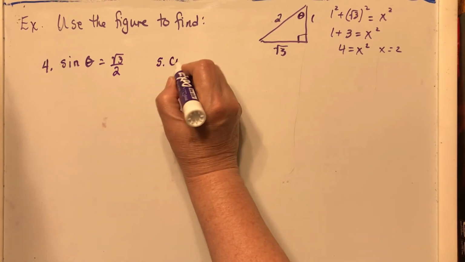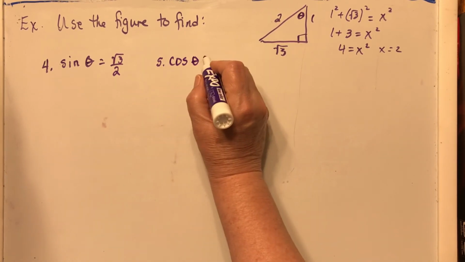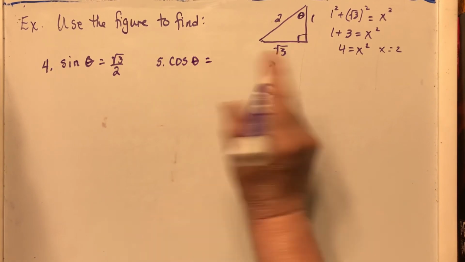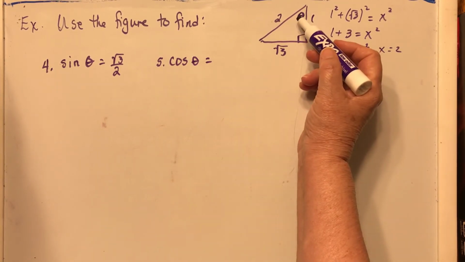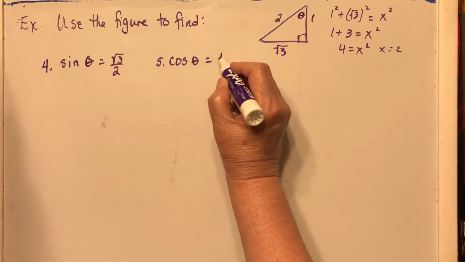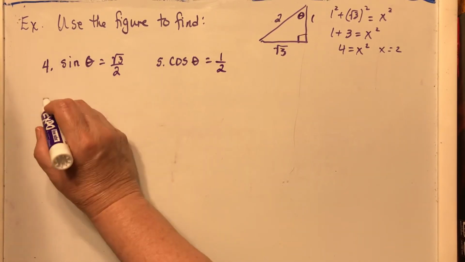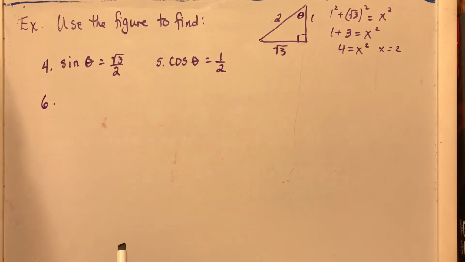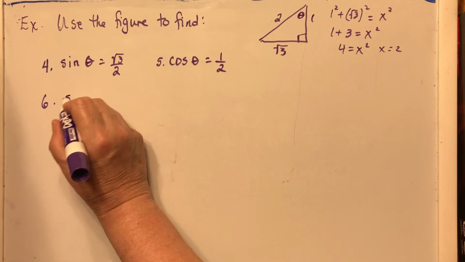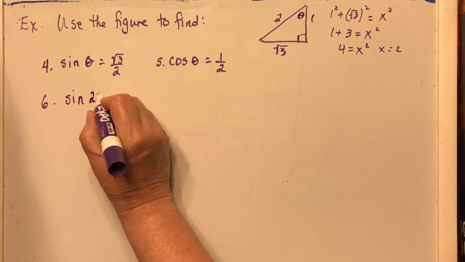Number 5, what if they want just the cosine of theta? Not of 2 theta, just plain old cosine of theta. Again, cosine is adjacent over hypotenuse, so that's going to be 1 over 2. And now the reason why they had us find that is because example 6, let's find the sine of 2 times theta.